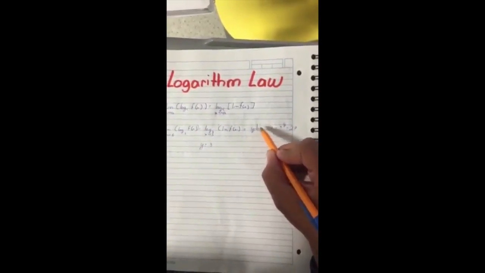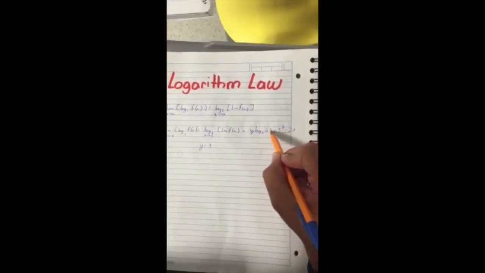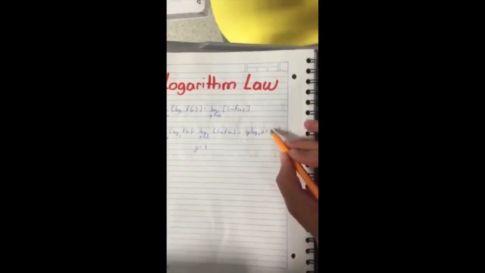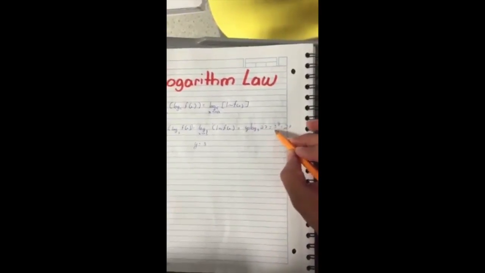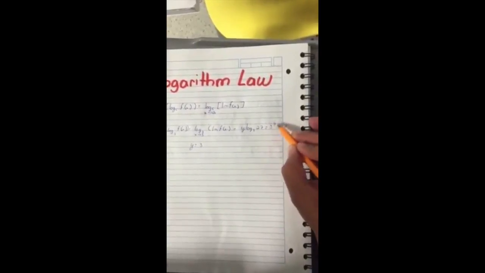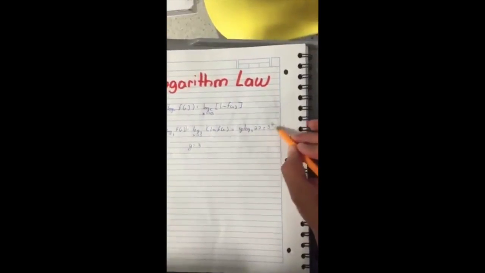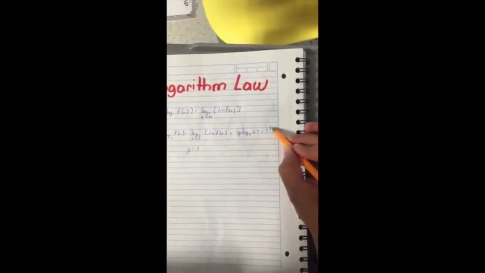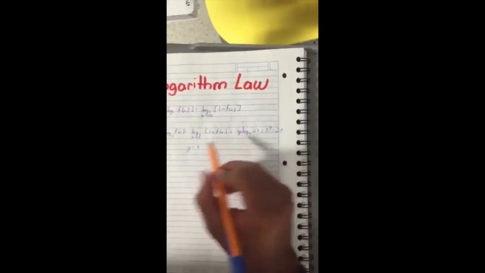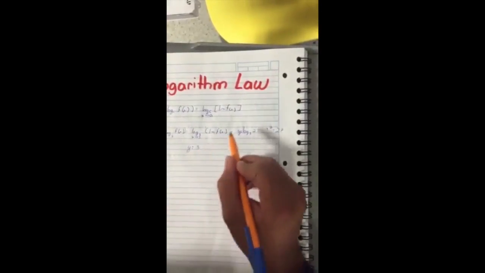Here y will be log base 3 of 27. Then we have to make the change of base of the logarithm, and we have that 3 to the y is equal to 27. So we have to find the exponent that gives us 27. That will be 3, because 3 to the third is 27.